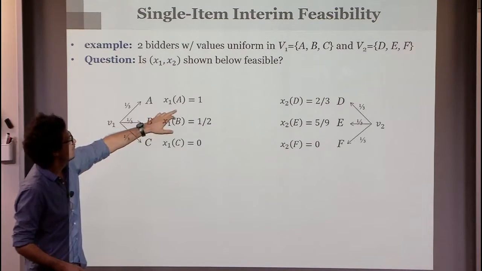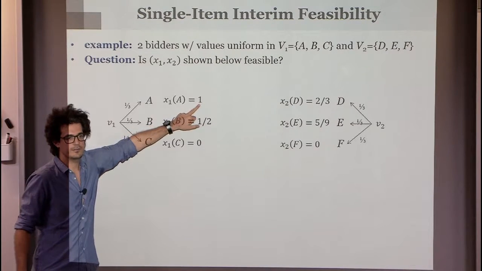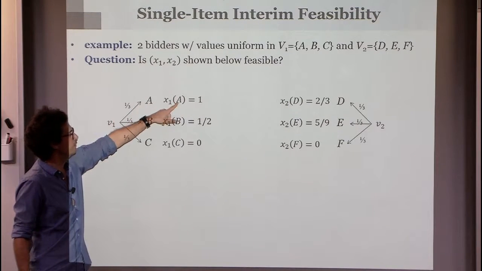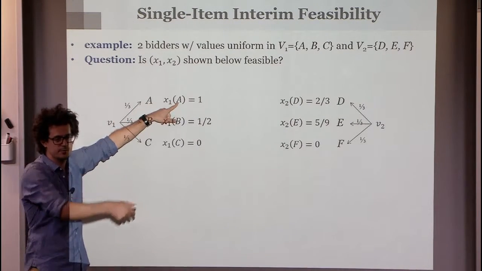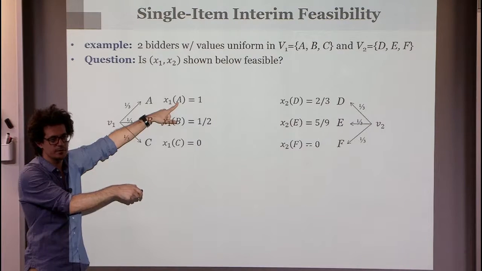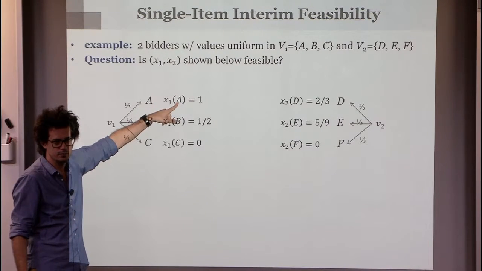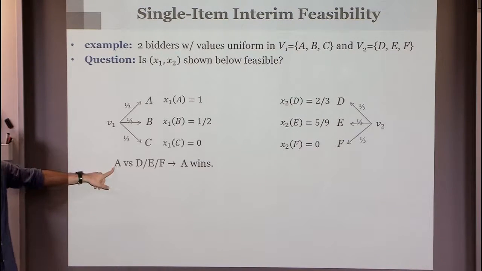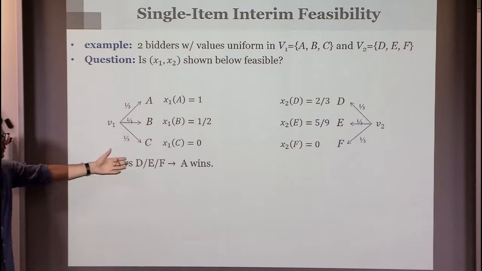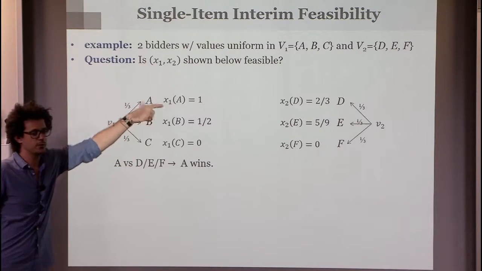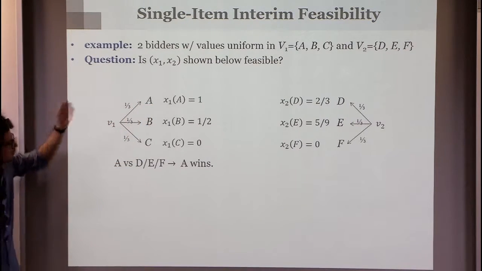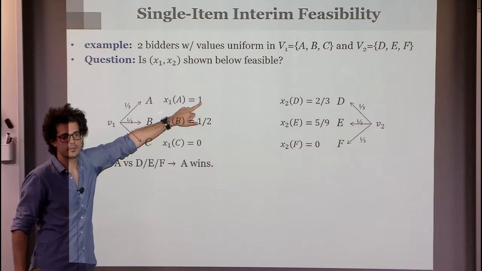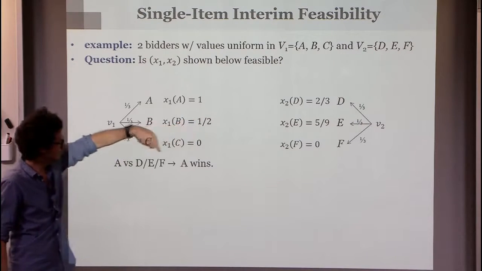So for instance, we see a 1 here. This 1 says that if bidder 1's type is A, then no matter what else happens, no matter what the other guy says, he has to get the item. Whenever bidder 1 reports A, he has to get the item. Otherwise, this constraint would not be satisfied. So this is forced.